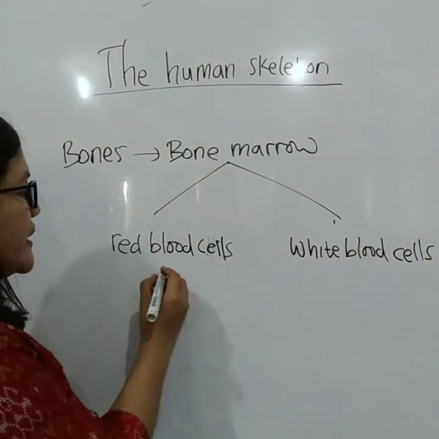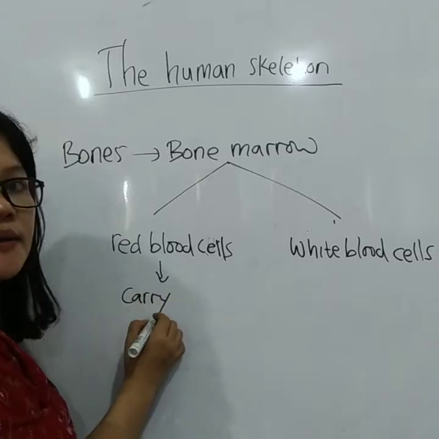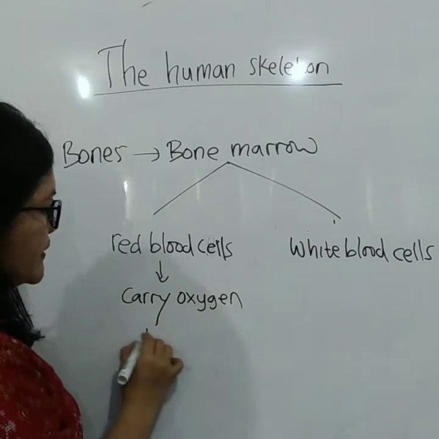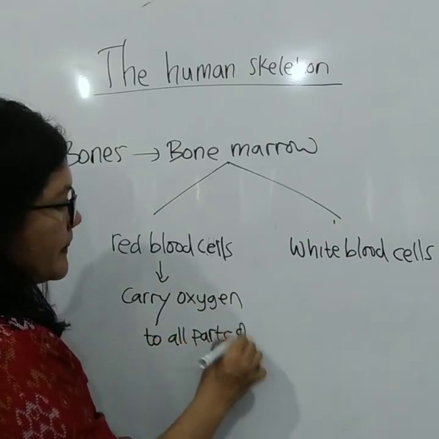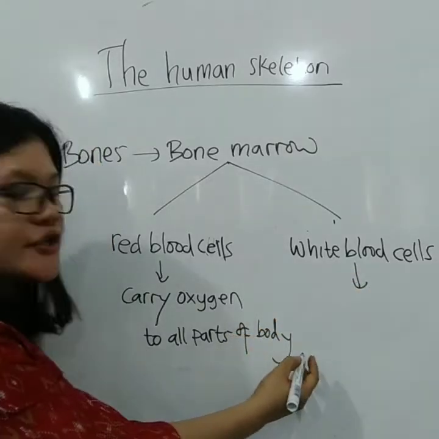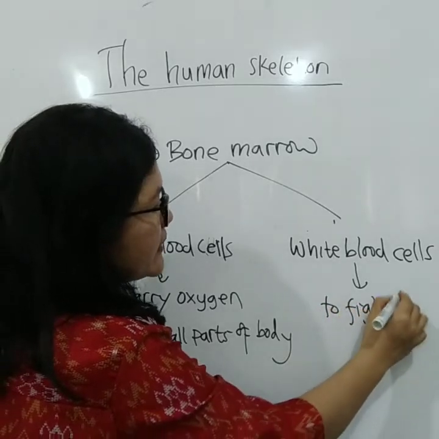Red blood cells are used to carry oxygen to all parts of our body, while white blood cells are used to fight illness.